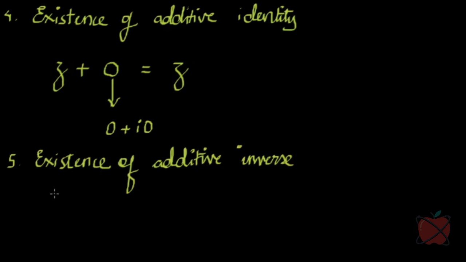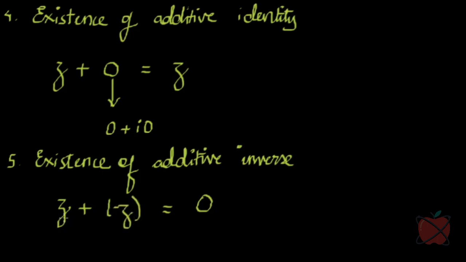The next topic is existence of additive inverse. So that means if I take z, I need to think of another complex number which when I add to z, I will get the additive identity. This would be possible only if we consider minus z.